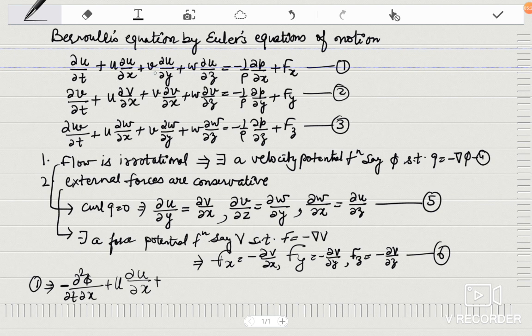What we will do in this v ∂u/∂y, we will use this relation and we write v ∂v/∂x. Similarly in this w ∂u/∂z, in place of ∂u/∂z, I will write ∂w/∂x, is equal to minus 1 by rho ∂p/∂x, and in place of this fx, I will write minus ∂V/∂x.